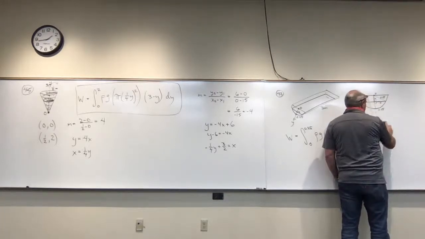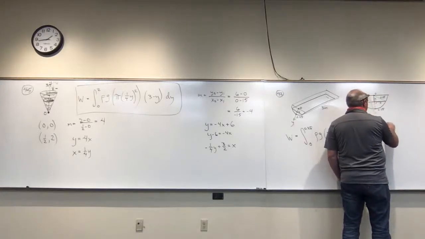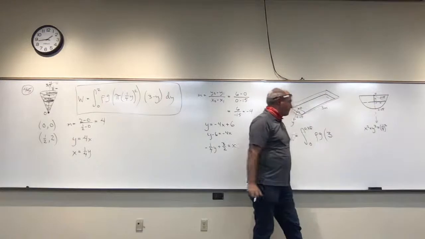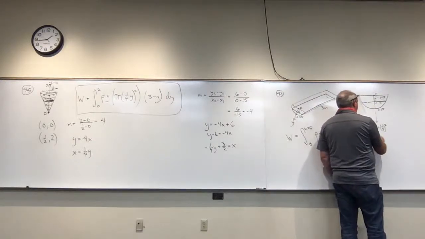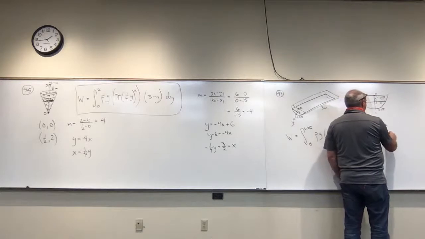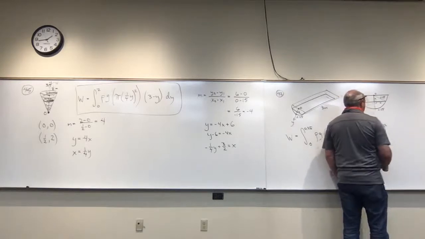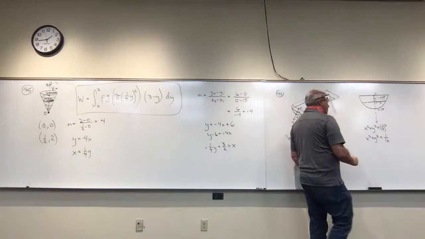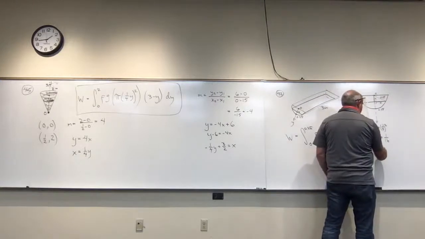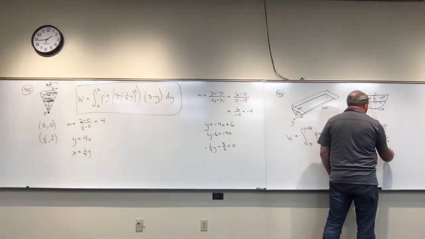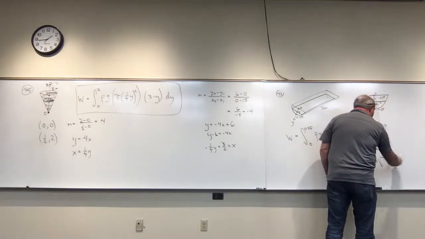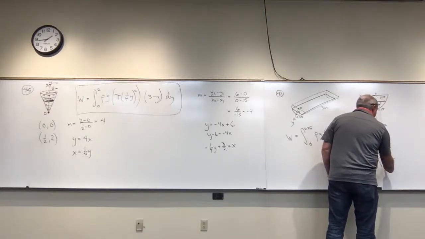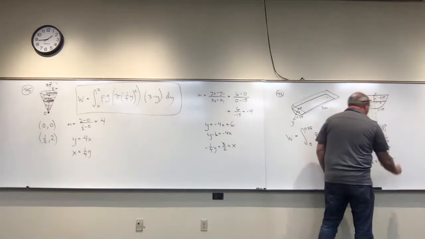I hate decimals, so let's just say it's 1/4 squared. So we've got x squared plus y squared is equal to 1/16. Now I need to solve for x. So x squared is equal to 1/16 minus y squared, and then x is equal to the square root of 1/16 minus y squared.